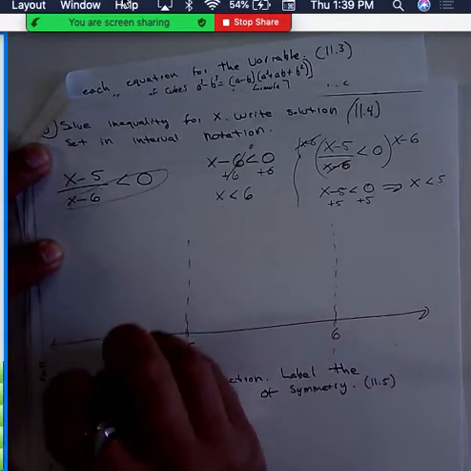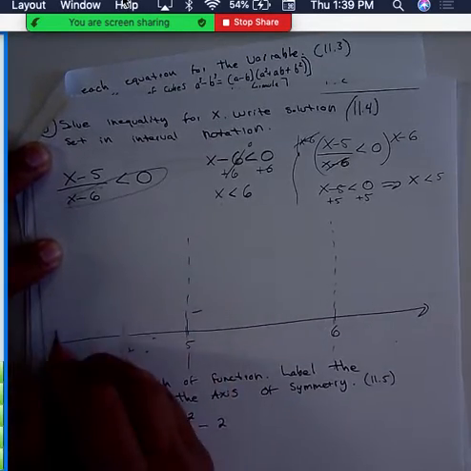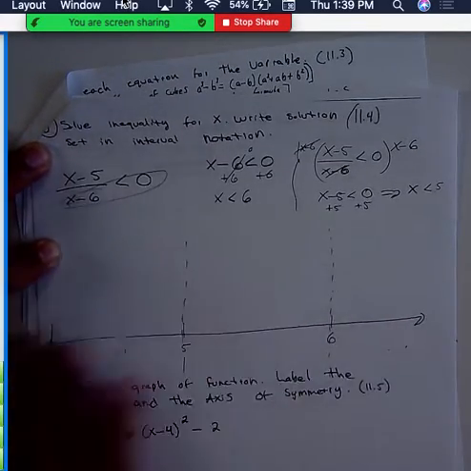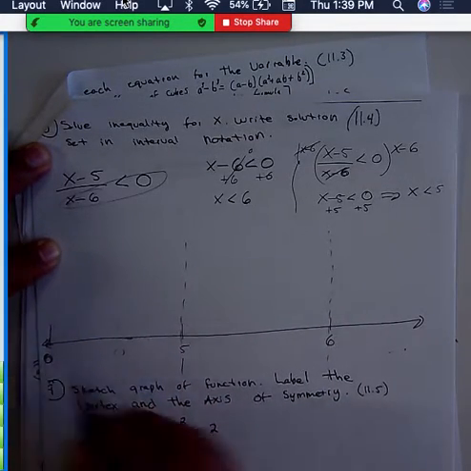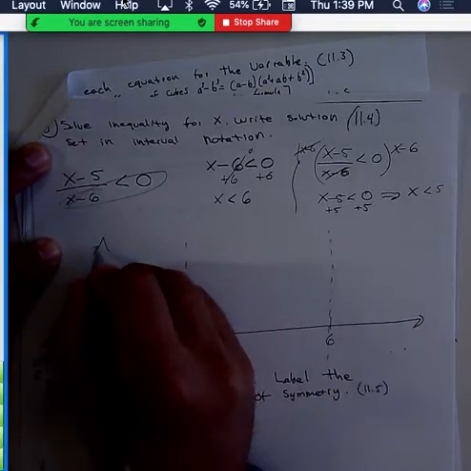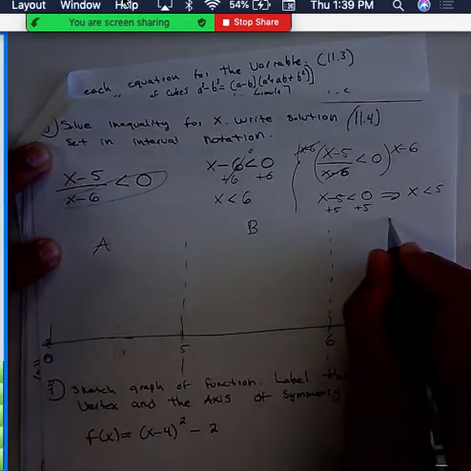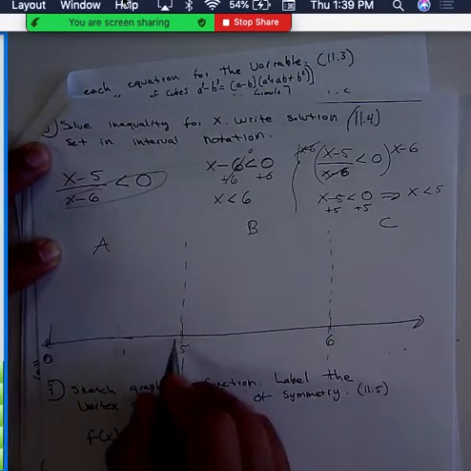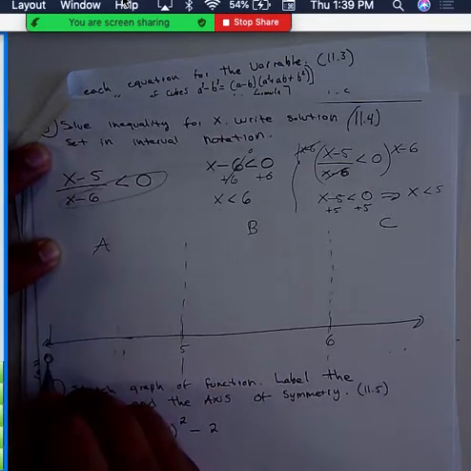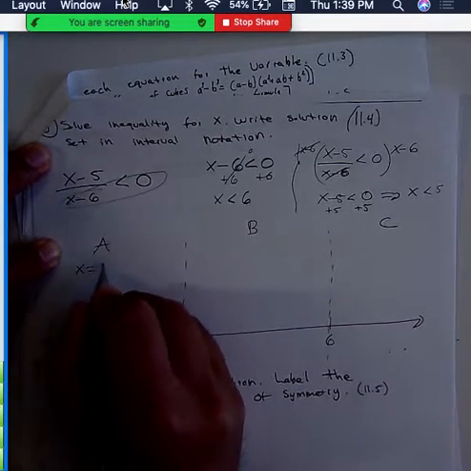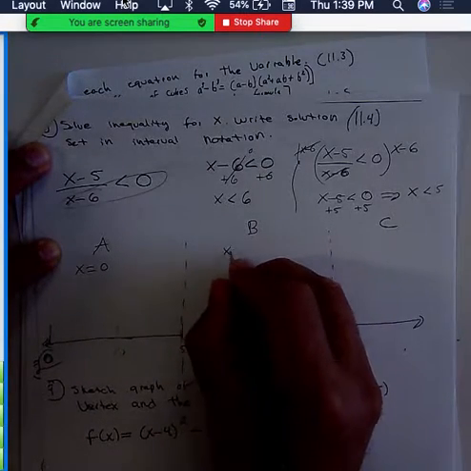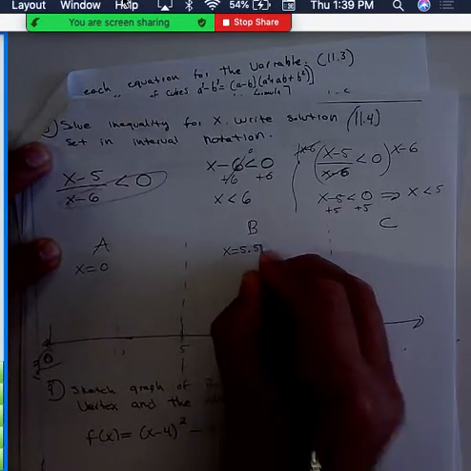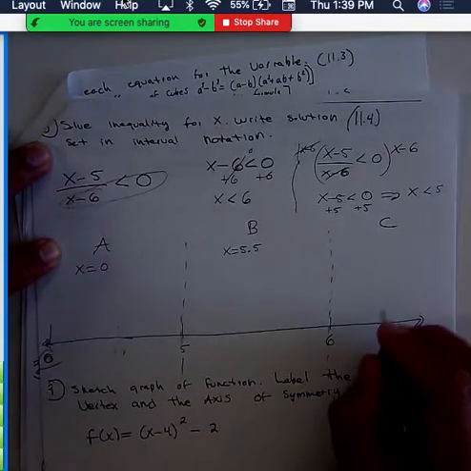So this 0 maybe should be way over here. These are region A, region B, and region C. I'm going to use 0 from the first region, 5.5 from the middle one, and 7 from the last.